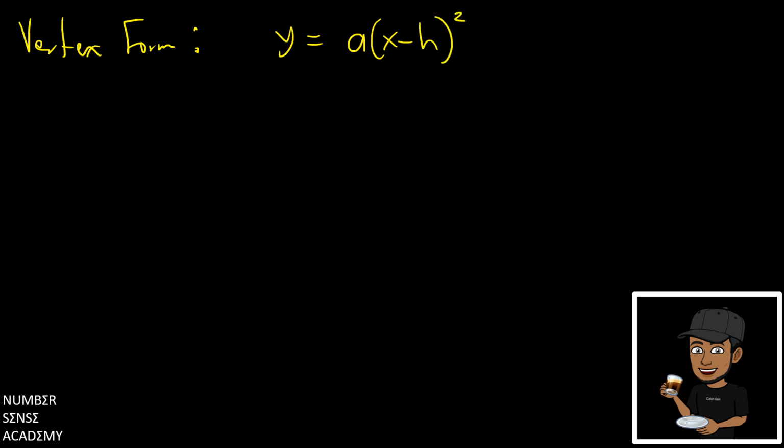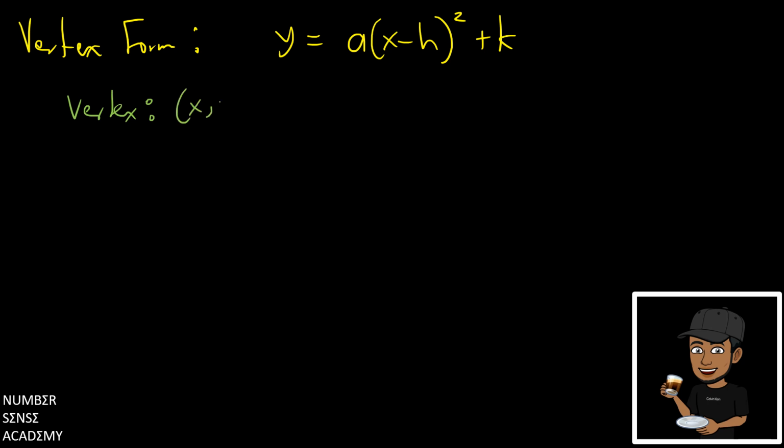In vertex form, we know that we have y is equal to a times x minus h squared plus k. The vertex of the equation, if I was to graph it, I would see the vertex. It's actually a coordinate value.